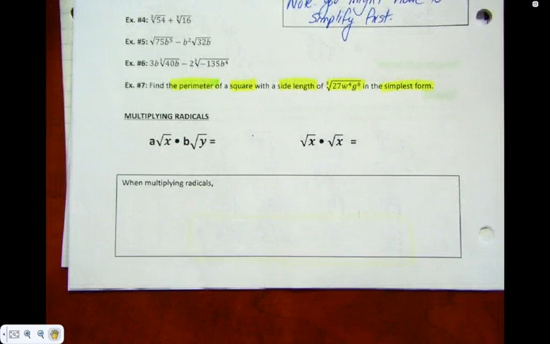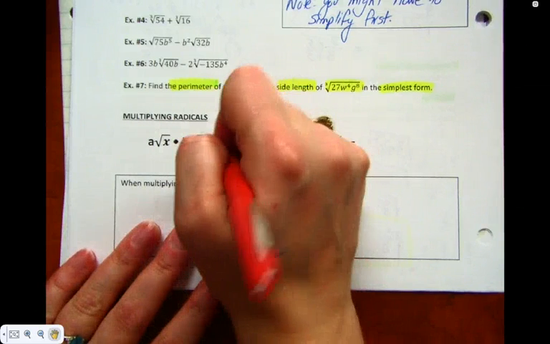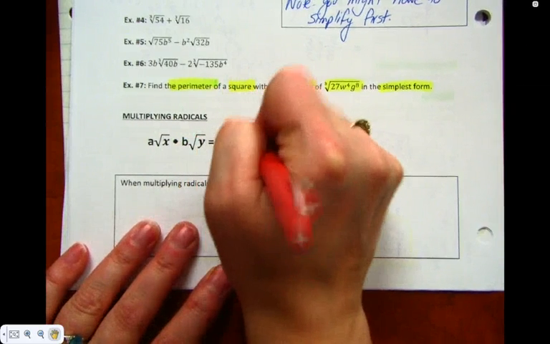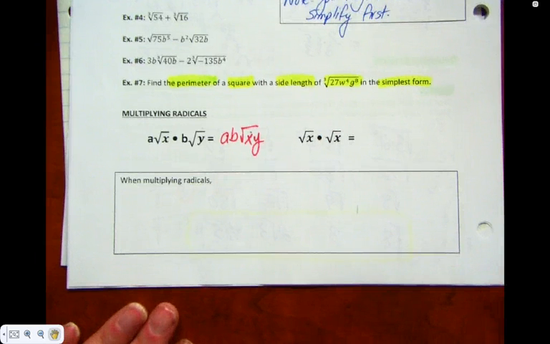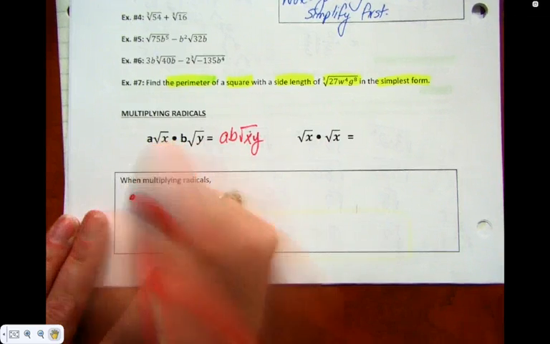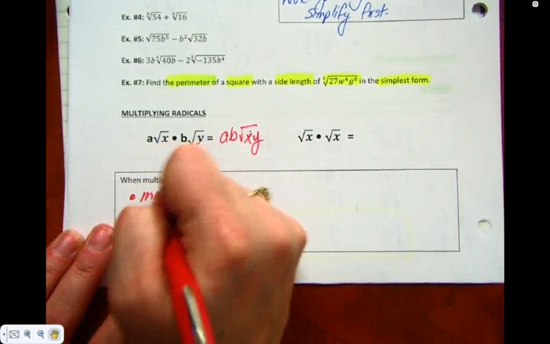For the left-brained people first, a root of x times b root of y equals ab times root xy. For the right-brain wordy people, multiply the coefficients.